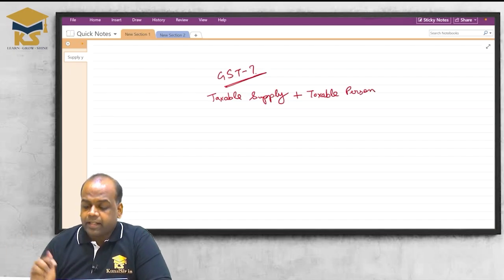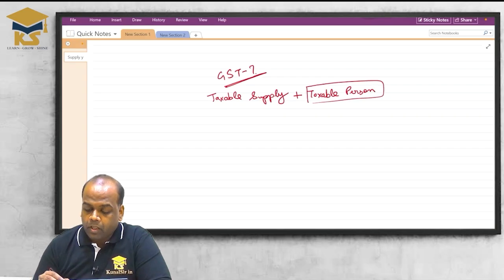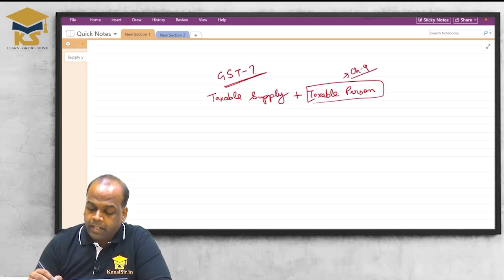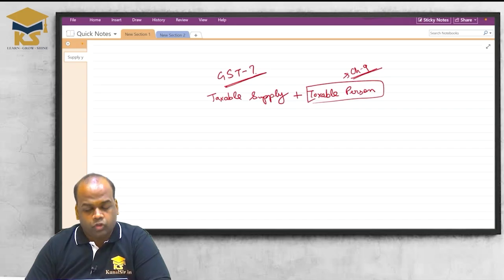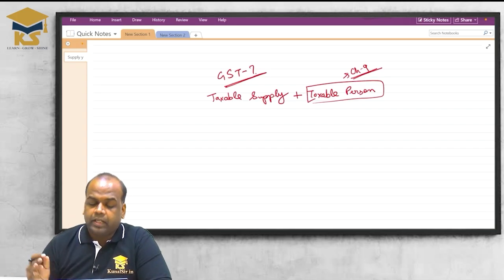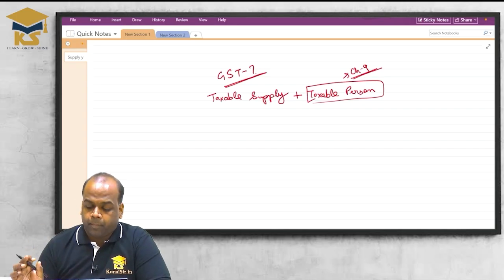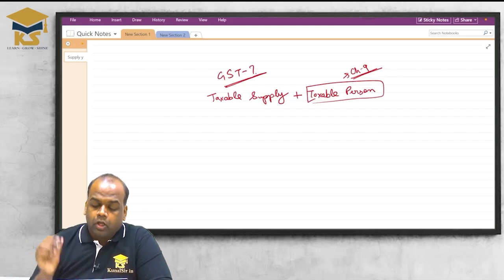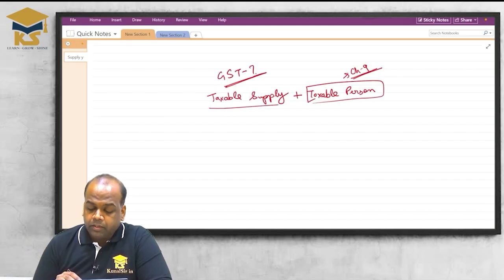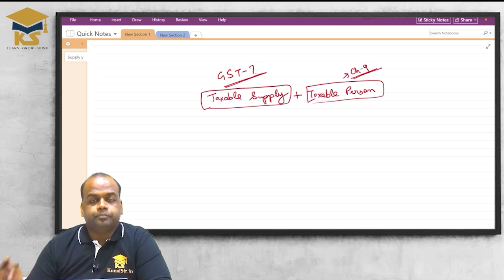So now who is a taxable person? This part will be covered by your chapter number 9, that is registration. So I am not going to cover taxable person here. So what we have to cover here is taxable supply.